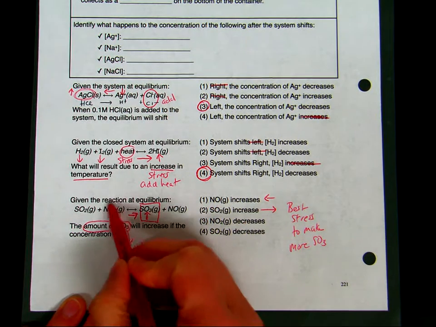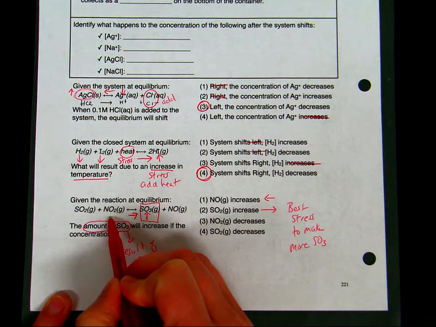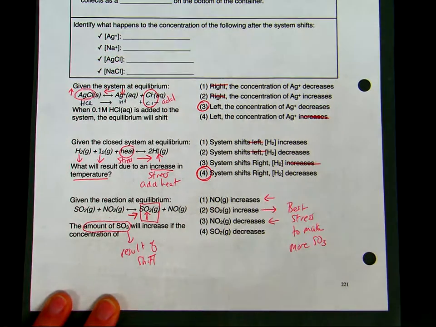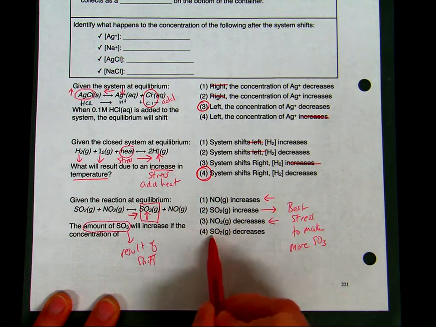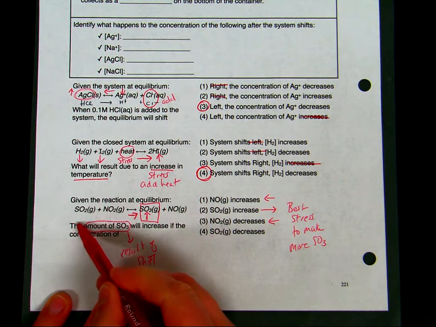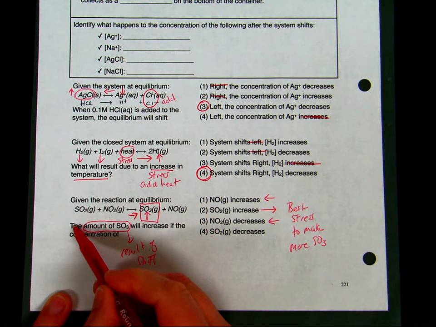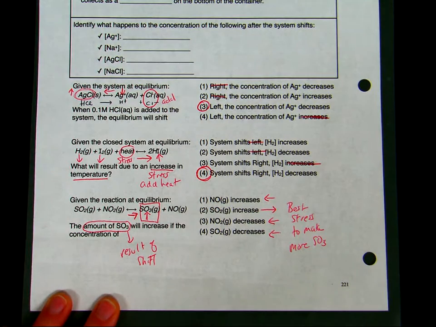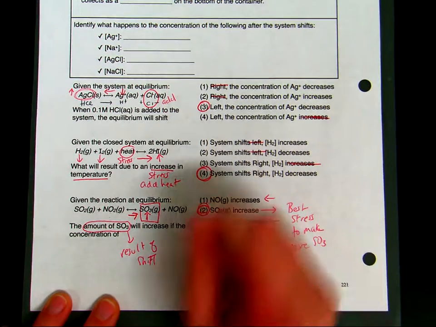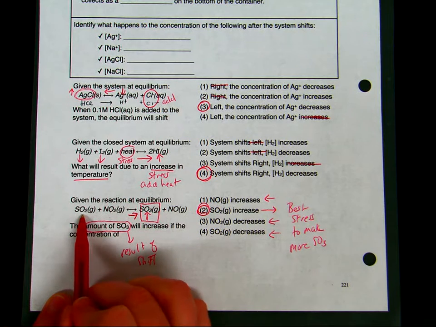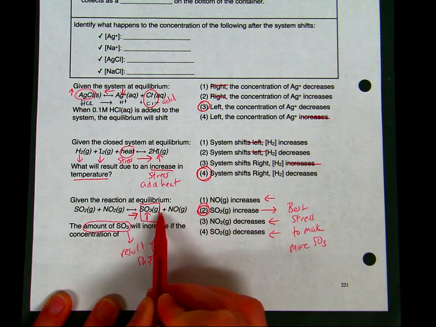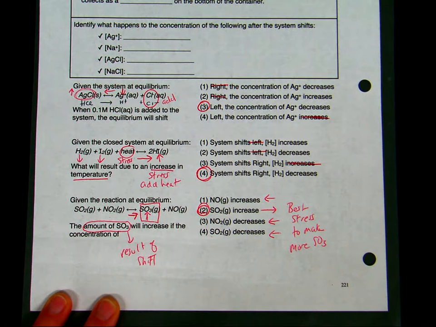If we remove some NO2, then the system will shift towards it, so that makes it shift to the left. And SO2, if we decrease its amount or remove it as a stress, the system will shift towards it, making it shift to the left. So the best answer here would be response 2. If we add more SO2 to the system, there's too much, so the system shifts away and wants to make more of what's on the other side of the arrow.